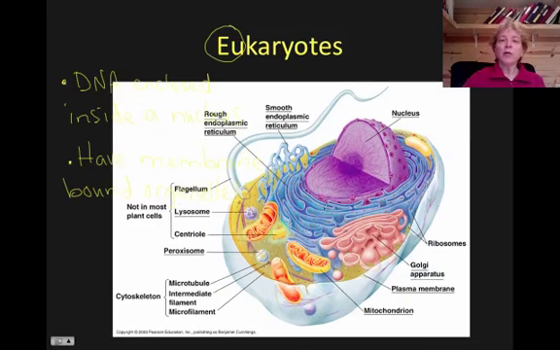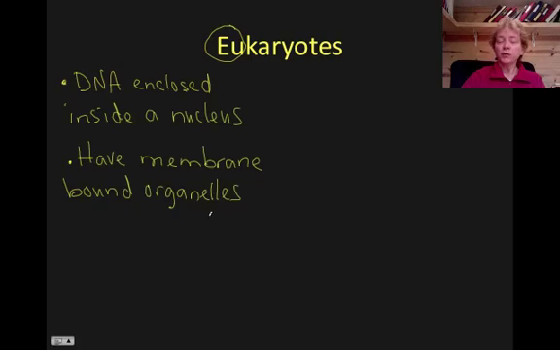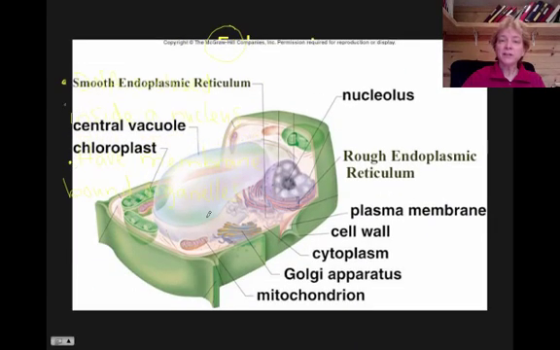This would include our animal cell. Some of the organelles we'll be taking a look at are the centrioles, peroxisome, the mitochondria, the Golgi body, and it also includes the ribosomes that do not have a membrane associated with them. It would also include our plant cells. Some differences we'll take a look at are that plants have a cell wall, they have a central vacuole, and they have chloroplast.